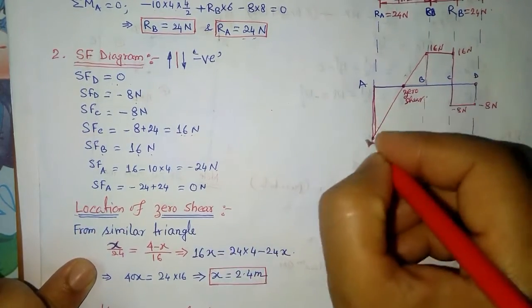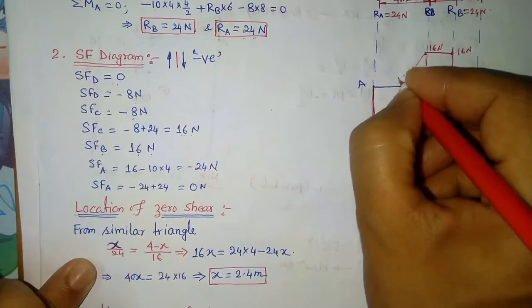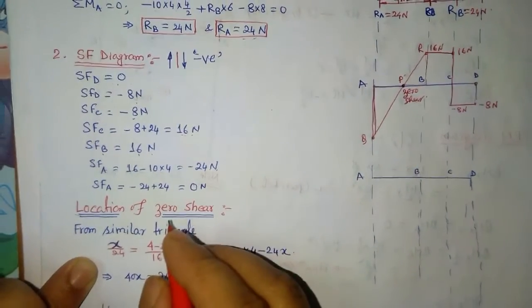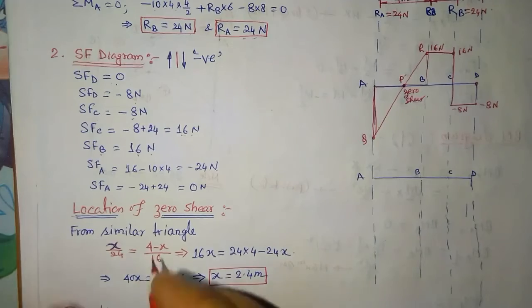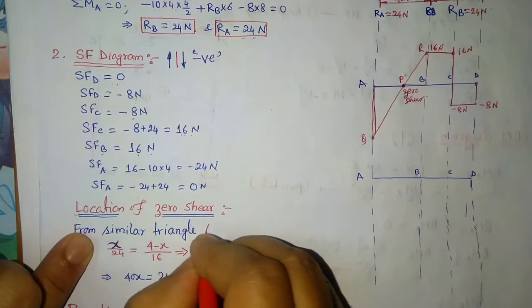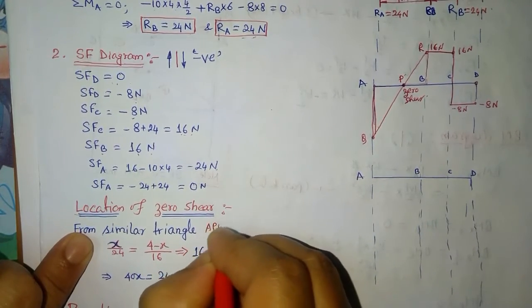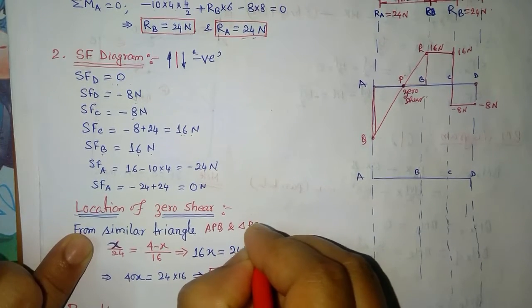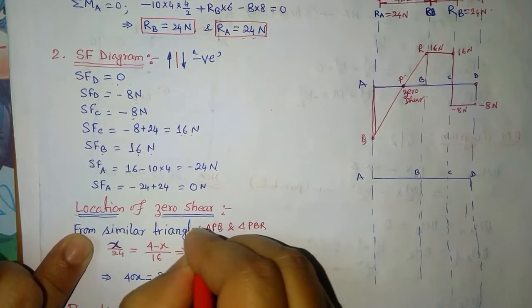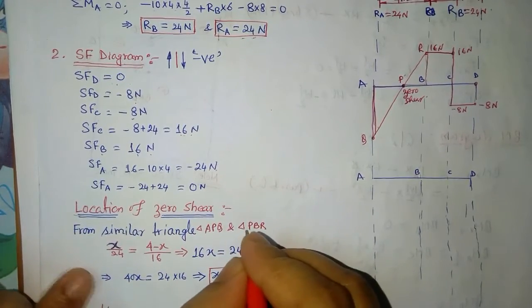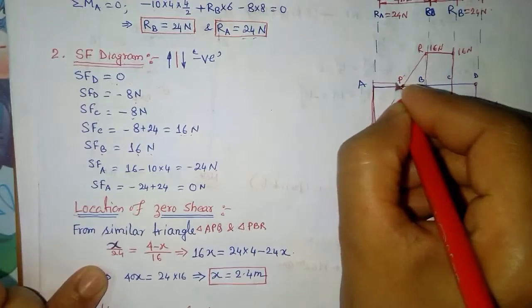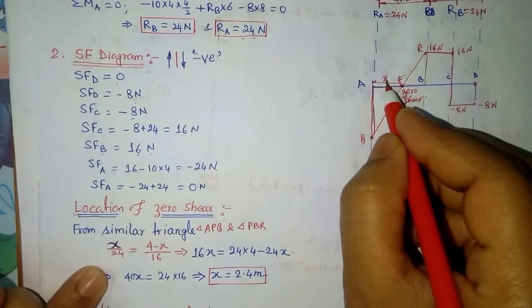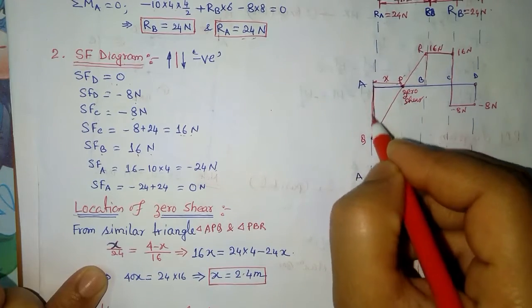So from similar triangles, suppose I am giving this name APQ, and this is R. So we can say the location of zero shear from similar triangle APQ and triangle PBR. From these two similar triangles, if we take this distance as x, we can write that x by this value.